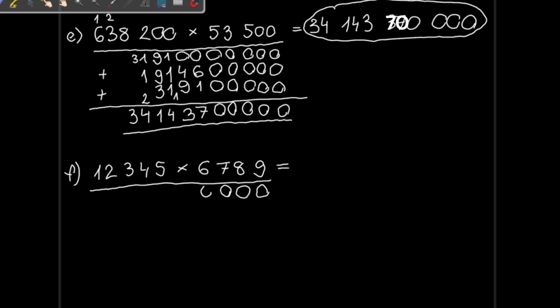6 times 5 is 30. 6 times 4 in this, 12 plus 2 is 14. And 6 plus 1, which is 7.